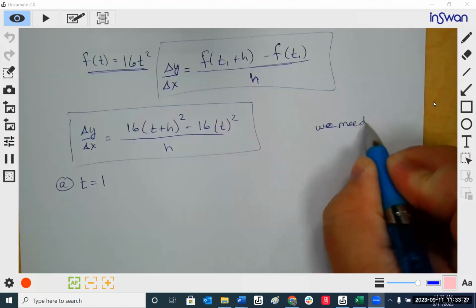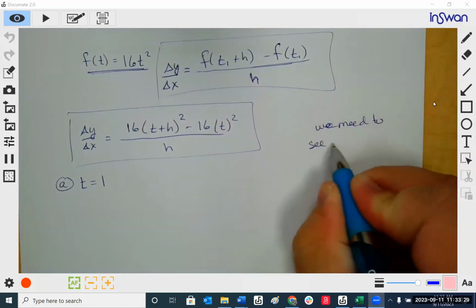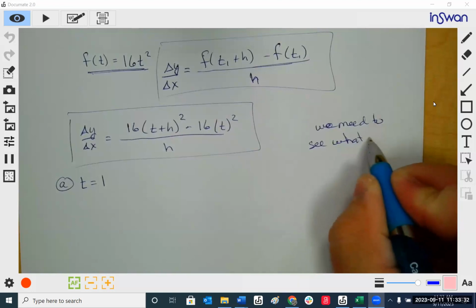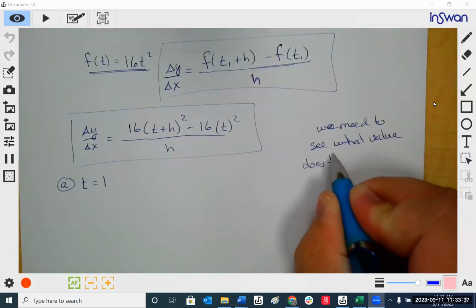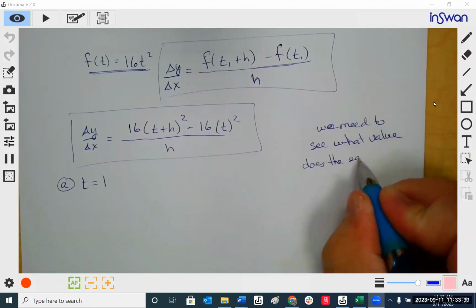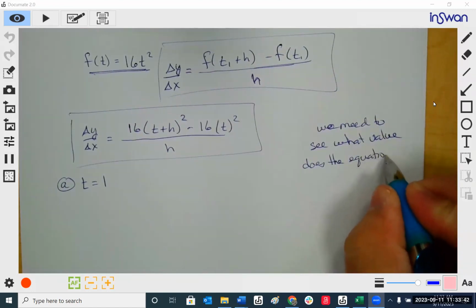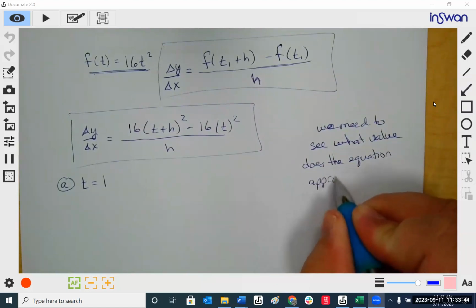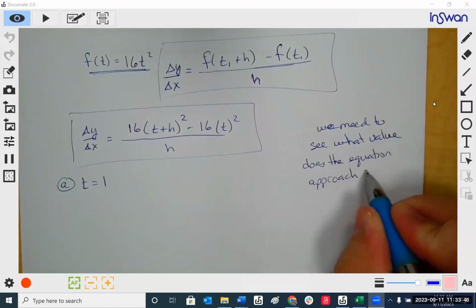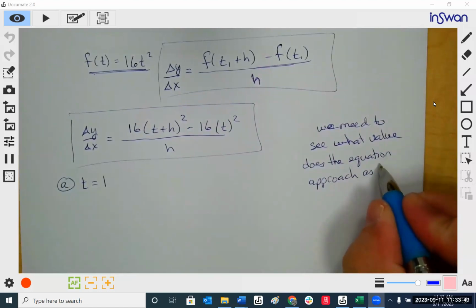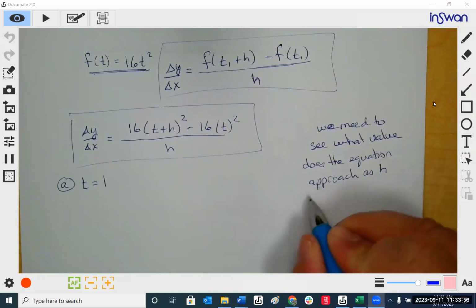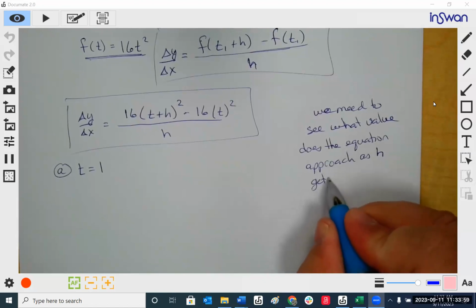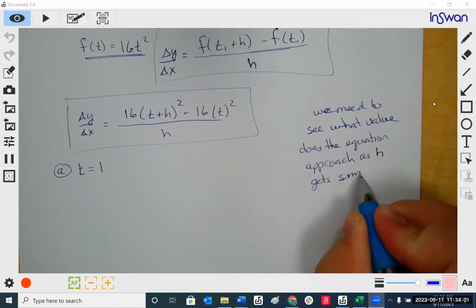We need to see what value the equation approaches as h gets smaller.